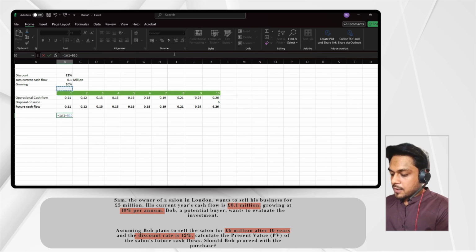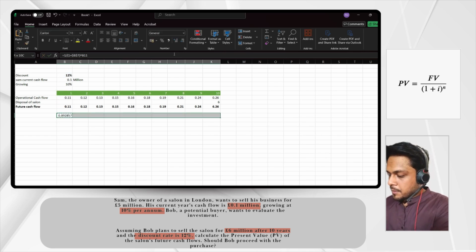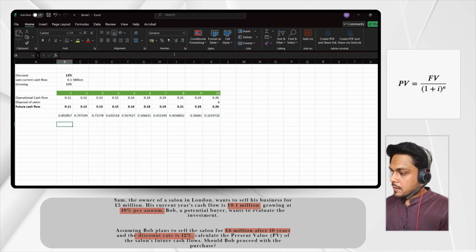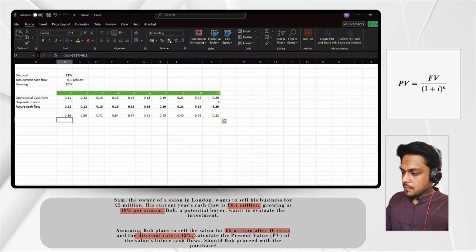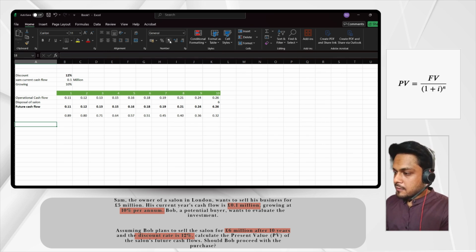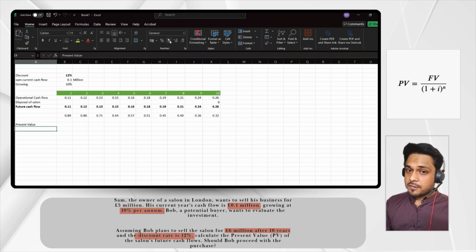There's a formula: 1 divided by 1 plus the rate, and we will freeze it, to the power of the number of periods. That's it. We get the discount factor. Now we will multiply it with the future cash flow to get the present value.